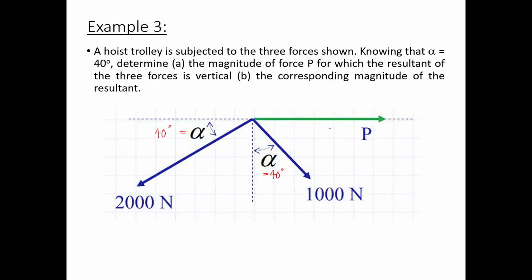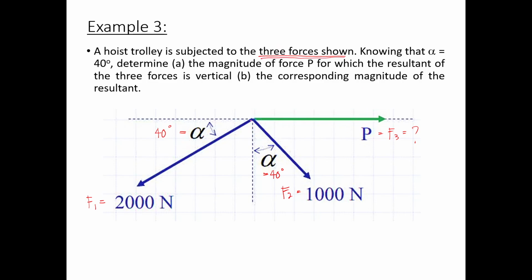Okay. So the three forces are these. Let's say this one is your force number one. This one is your force number two. Then your third force is unknown. The P value is unknown. So that's three forces as mentioned in the problem.